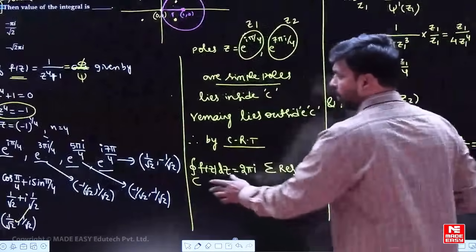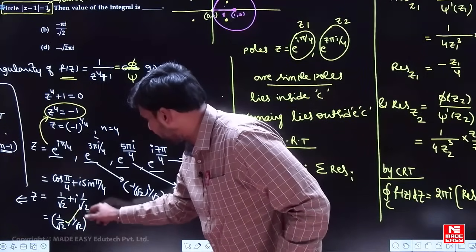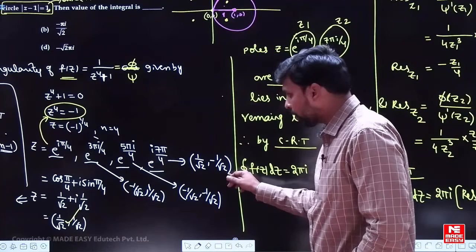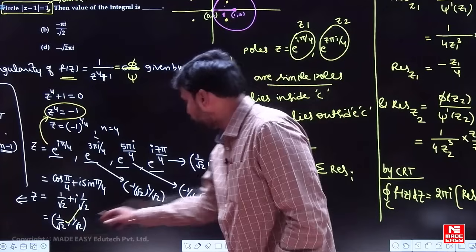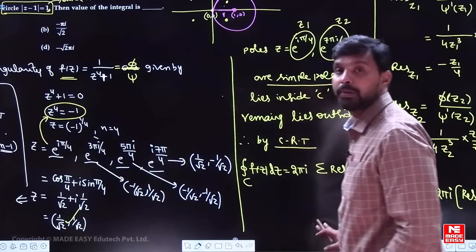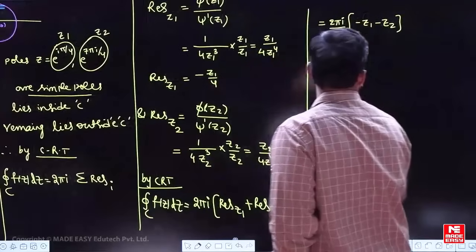What is z1? z1 is 1 by root 2 plus i times 1 by root 2. And z2 is 1 by root 2 minus i times 1 by root 2. If you add these two, the imaginary parts cancel, and 1 by root 2 plus 1 by root 2 becomes 2 by root 2.